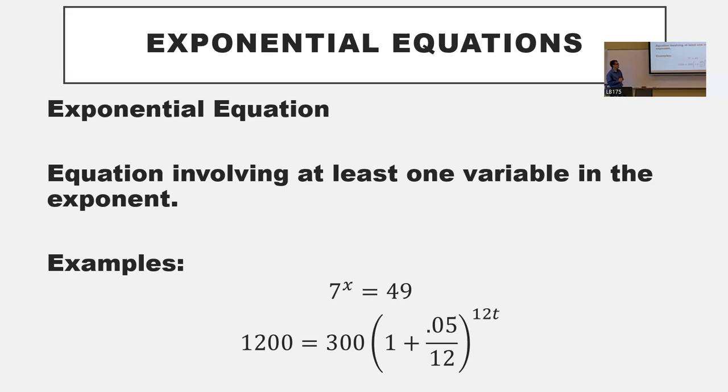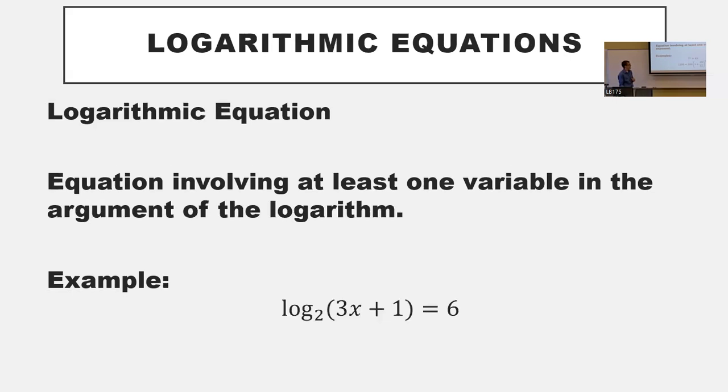On the other hand, something like 1,200 is equal to 300 times the quantity 1 plus 0.05 over 12 raised to the 12t power. That was less intuitive. And so we're going to need a little bit more tools on that second equation than we would on the first equation. That makes sense? So we're going to be solving these exponential equations, figuring out what the variable has to be.